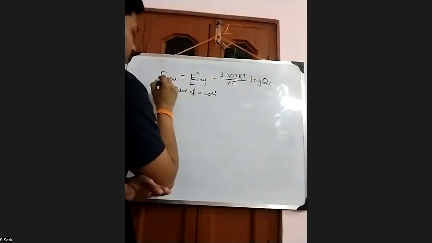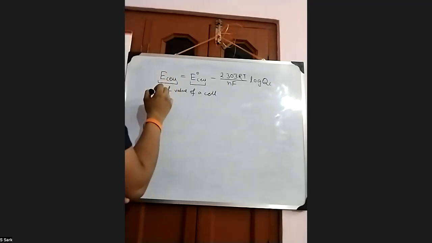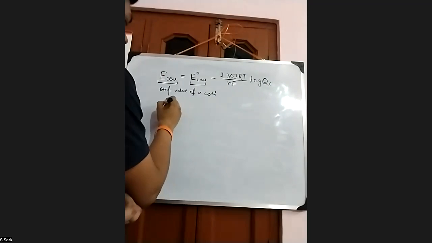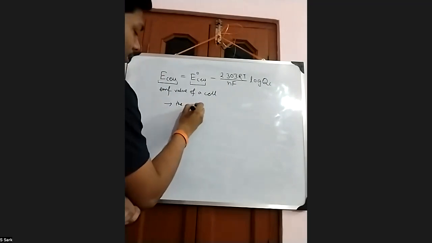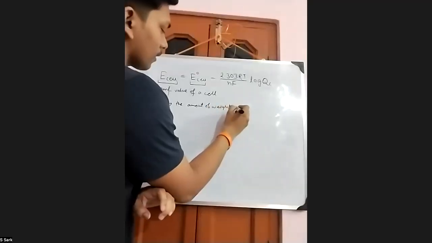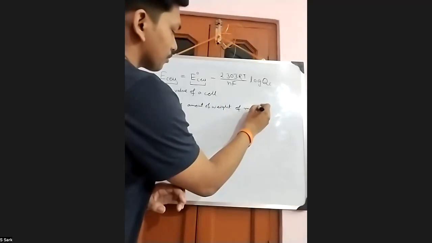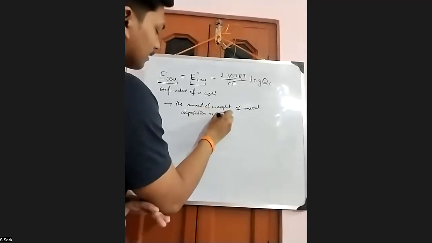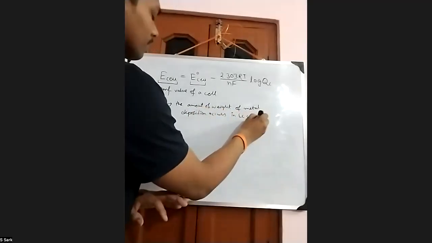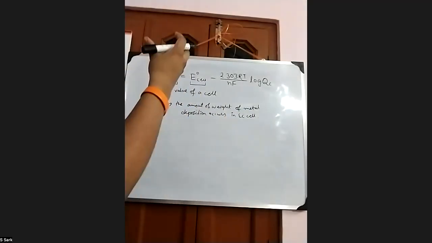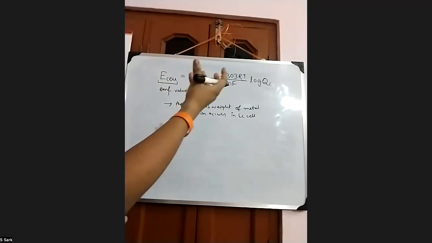So it doesn't contain information about the amount or weight of metal deposition that occurs in an electrochemical cell, and also it cannot always tell us the actual idea of electrode reduction potential.